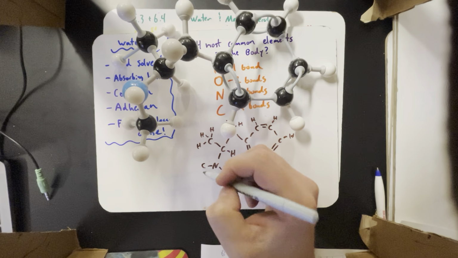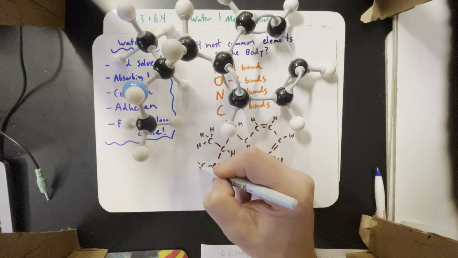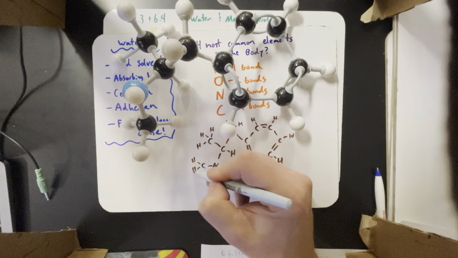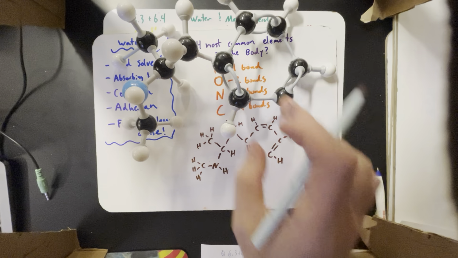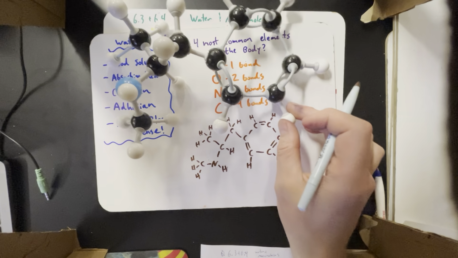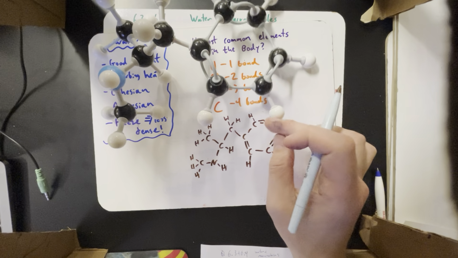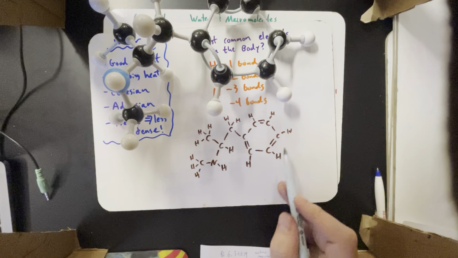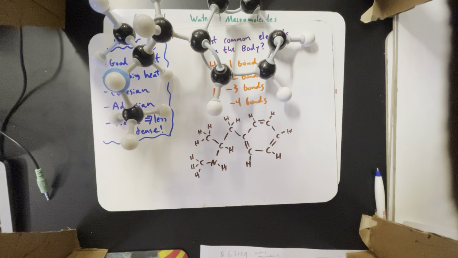Again, don't worry about the angles you draw it at. And then the final carbon has 3 more hydrogens. Hopefully, you have something that looks kind of like this. All right, we've just drawn meth.